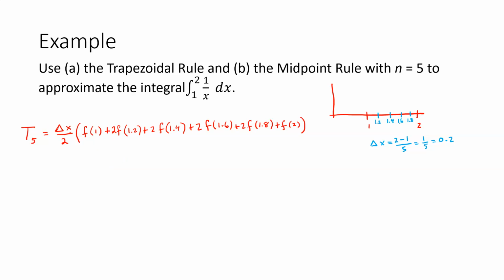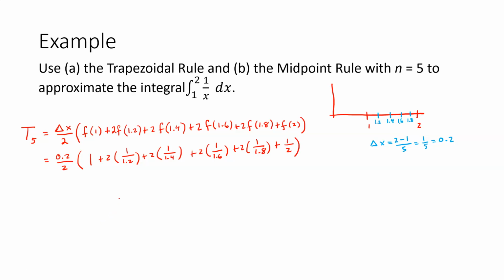Okay, so now we can put each of these values into the sum. Delta x was 0.2 over 2. f of 1 would just be 1 over 1. 2 times 1 over 1.2. 2 times 1 over 1.4. And so on. 2 times 1 over 1.6. 2 times 1 over 1.8. And 1 over 2.